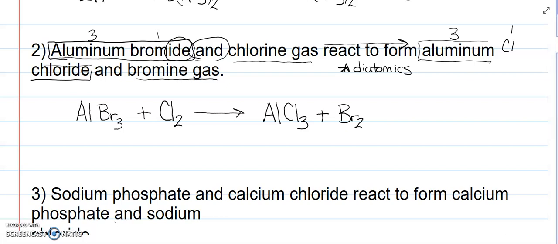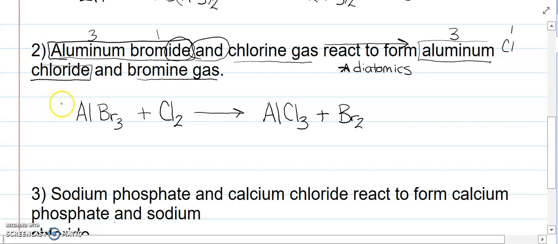So to balance the equation, I'm going to need to put a 2 here, which is going to give me 6, and a 3 here, which is going to give me 6, so that my bromine is balanced. That, of course, changes my aluminum, so I can put a 2 here, and now I have to balance my chlorine. Well, if I have 6 on this side, I can put a 3 over here to have 6 on this side.